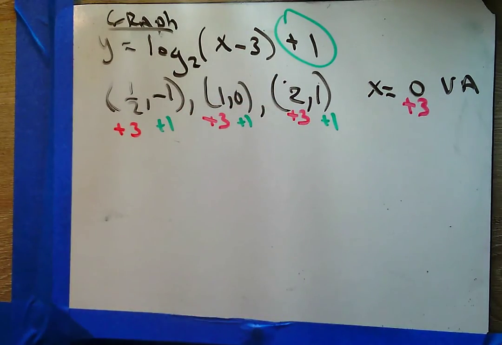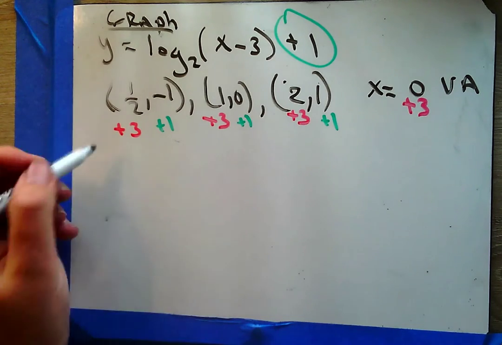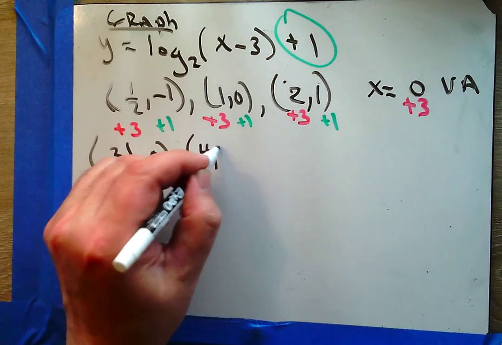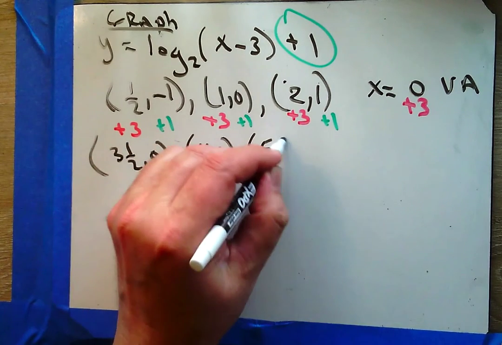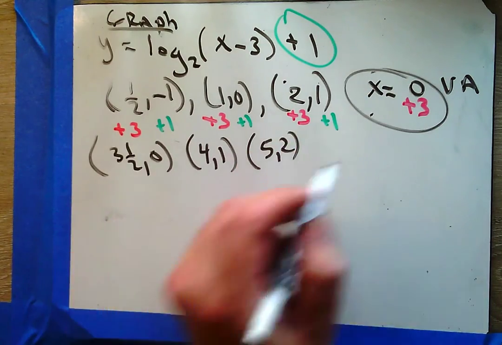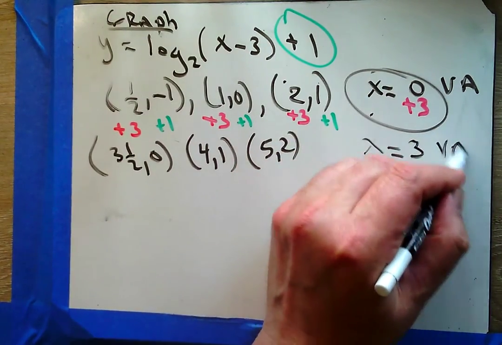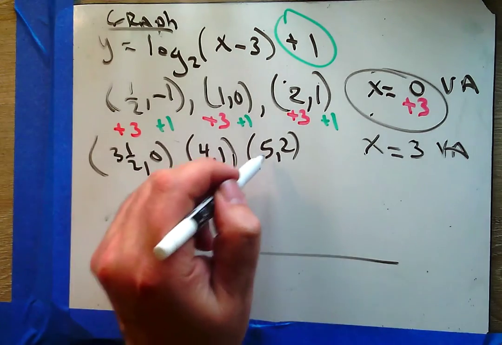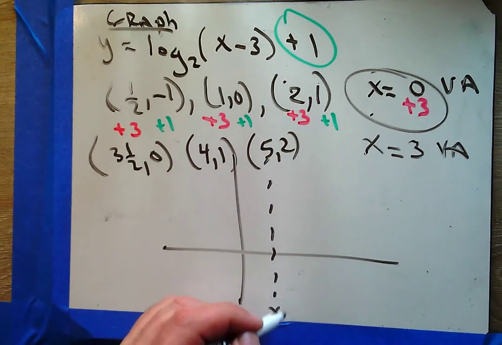Okay, so the points that I need to graph are 3.5, 0; 4, 1; and 5, 2. Don't forget that vertical asymptote at x equals 3.